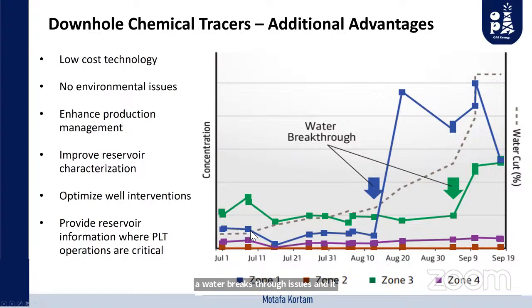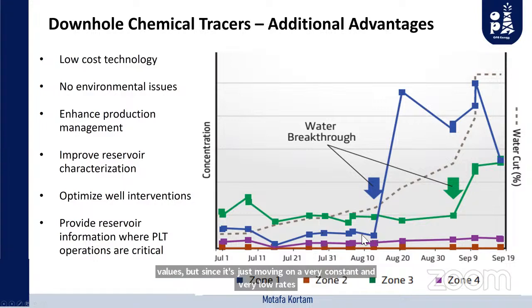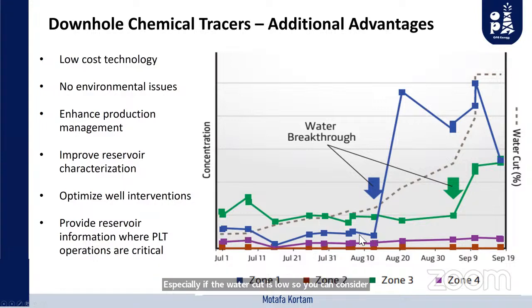For example, the blue one here can also be considered a kind of background noise. You may have very few tracer values, but since it's moving at a very constant and low rate, especially if the water cut is low, you can consider it non-water productive.